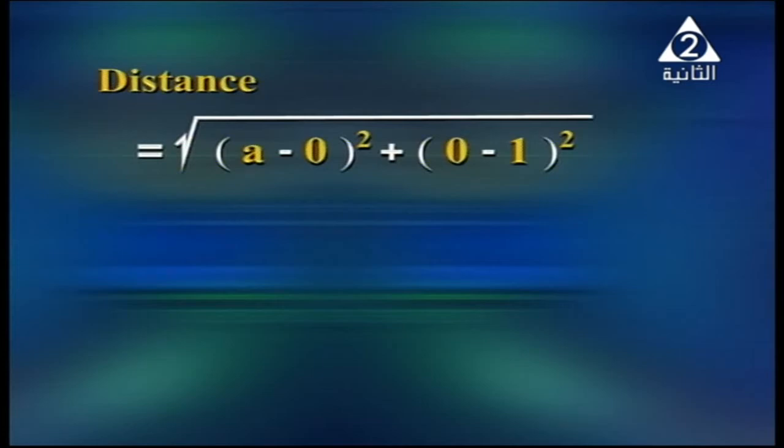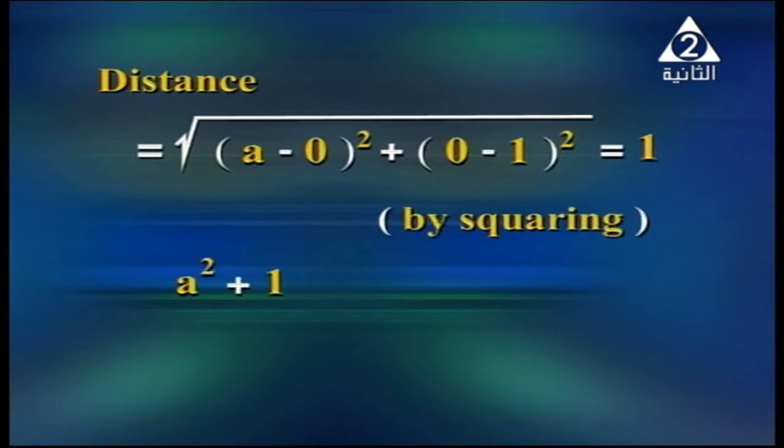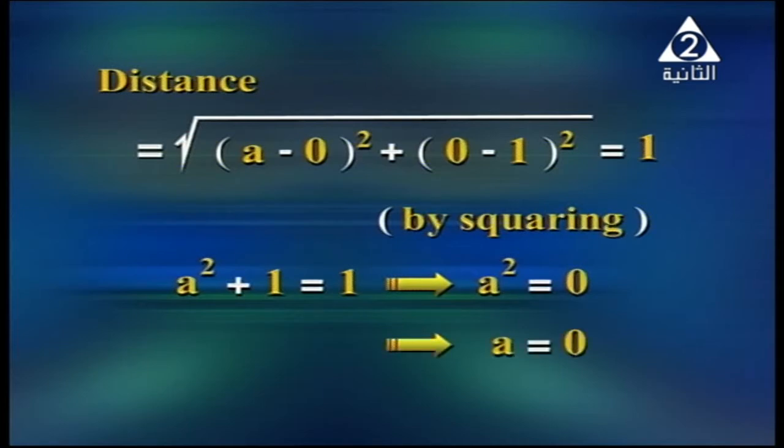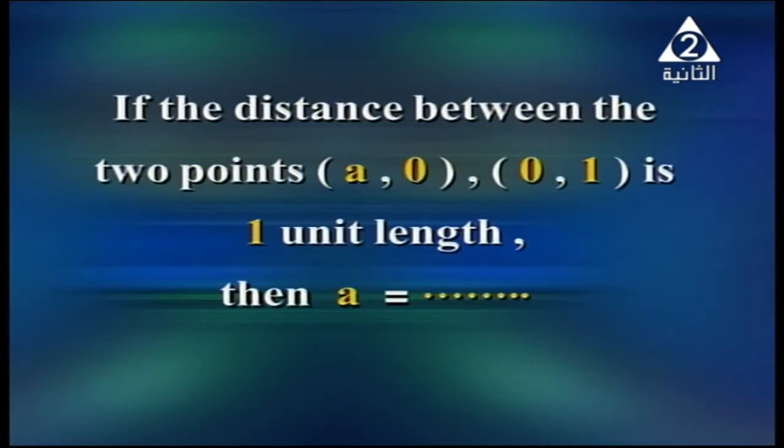And this distance will be equal to 1 unit. By squaring both sides of the equation, we find that A to the power of 2 plus 1 equals 1. Then A to the power of 2 will be equal to 0. And in this case, we can find that A will be equal to 0. So the result is that A equals 0.